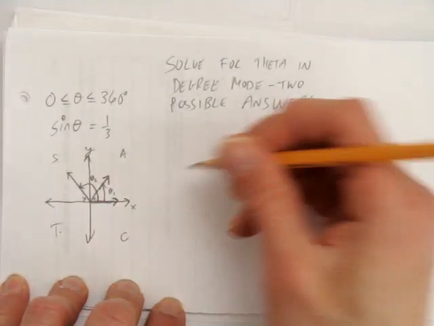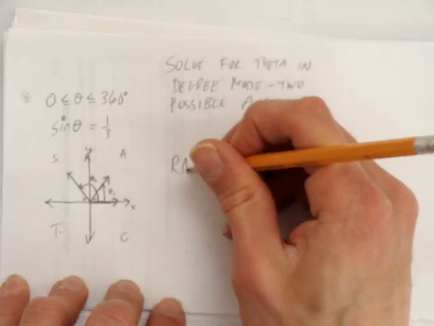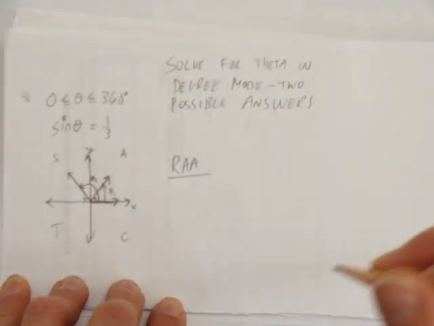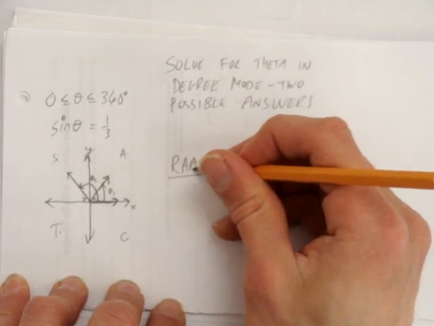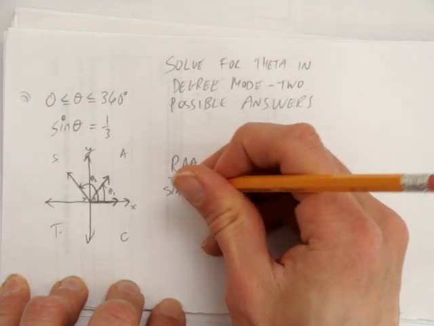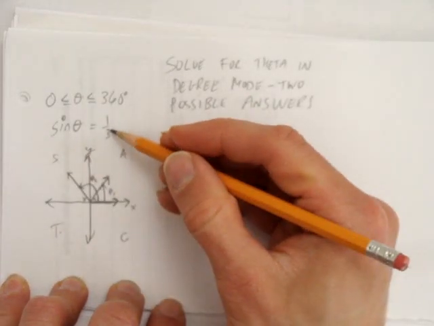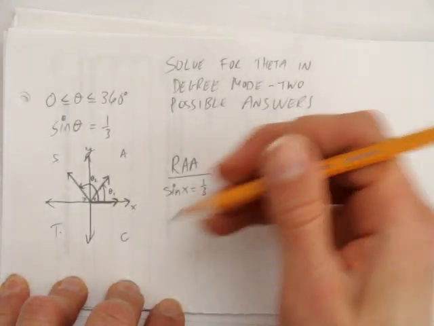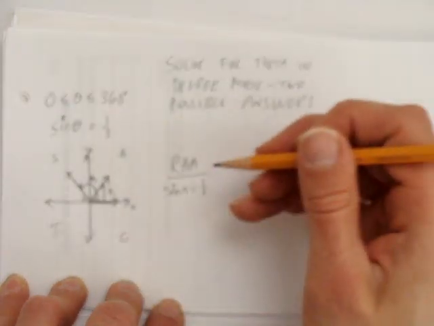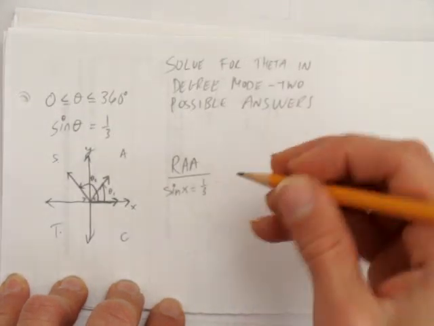So step 1 is always draw the sketch and label everything correctly. When you're done that, step 2 is find the related acute angle. That is, I want to solve for the positive version of my question, which is in any case positive, but if it were negative, still here I'd be solving positive, and say, where is sine x equal to a third?